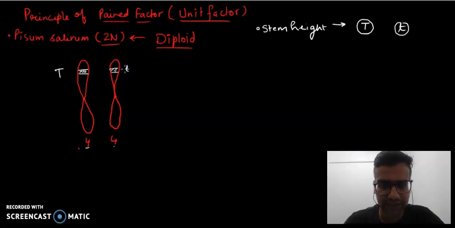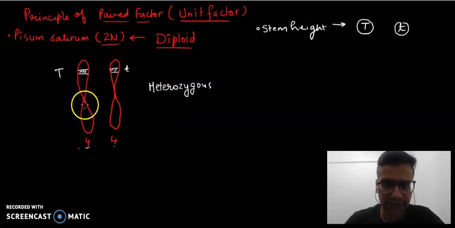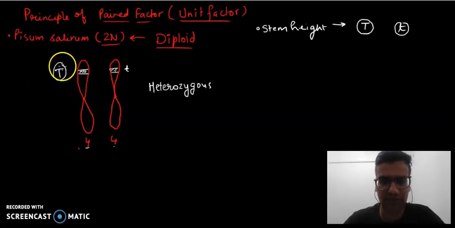That means this form of the chromosome which is present in this condition is basically known as heterozygous condition. If we talk about character of this particular plant, the gene for tallness will be expressed, because this is the dominant form.